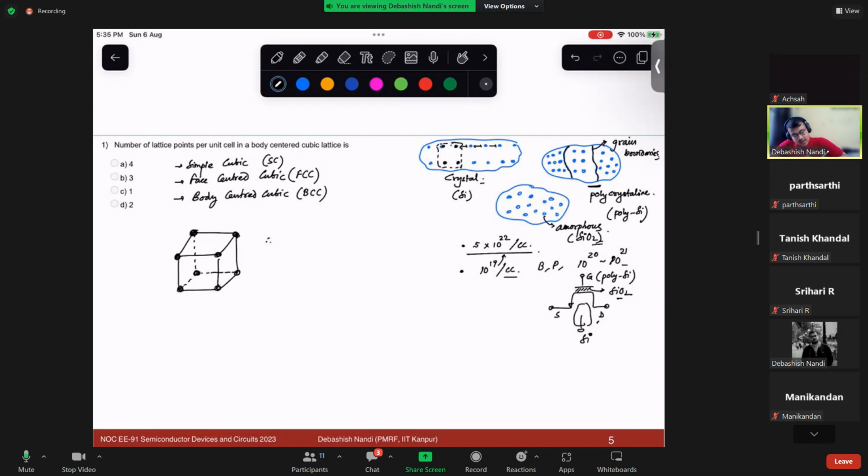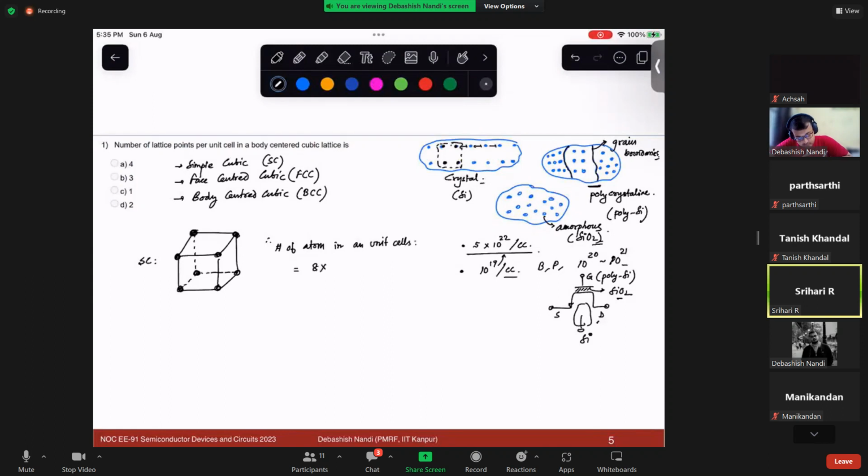Can you tell me how many atoms will be there in one unit cell for a simple cubic? One atom. How? 8 corner atoms are shared by 8 other unit cells. So the effective number of atoms per unit cell will be 1.